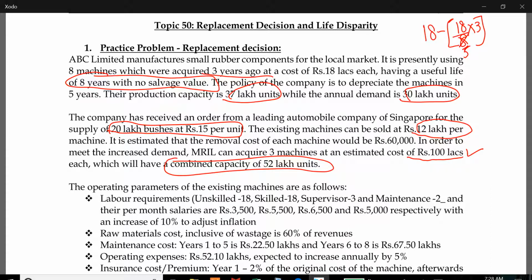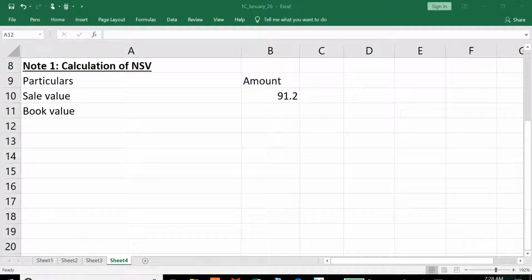This will give me the book value per machine. 18 lakhs minus 18 by 5 into 3. This is the book value per machine.